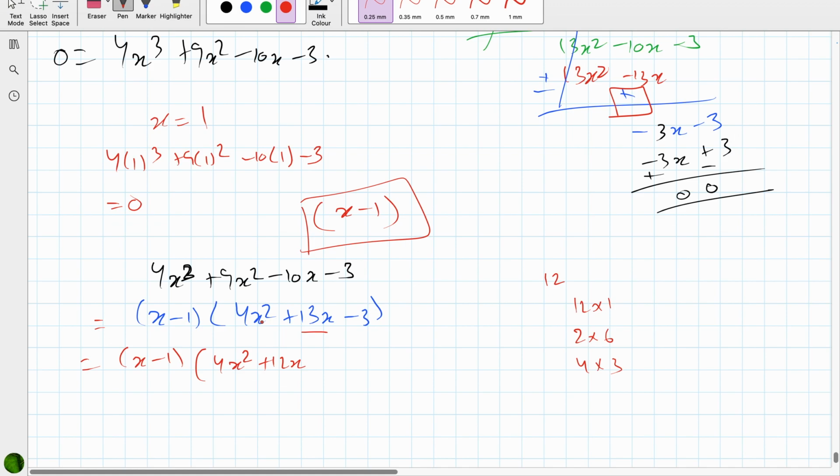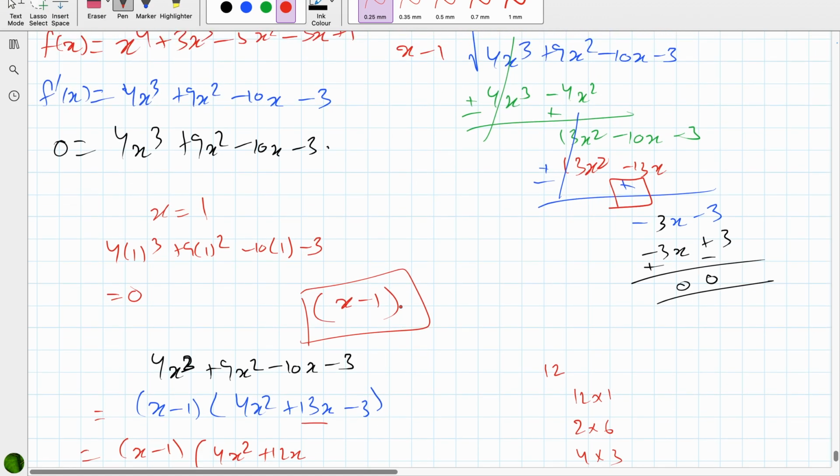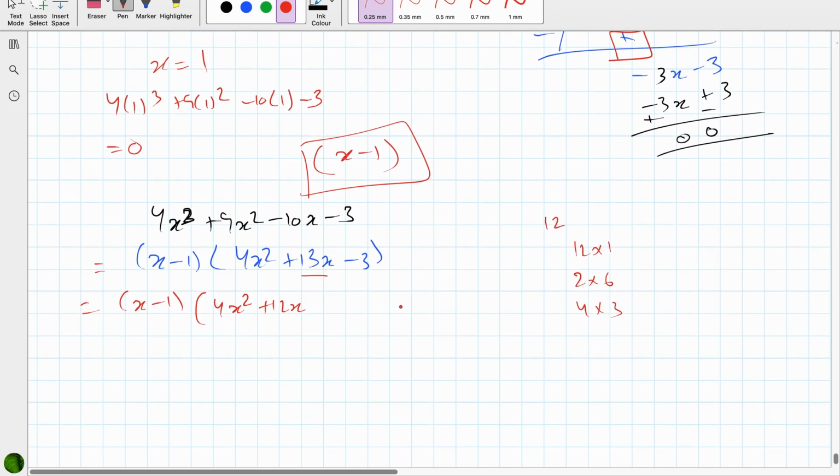Minus b plus minus square root b square minus 4 into a into c over 2a. So we actually have, we don't have exact values for this. I'm using quadratic formula.